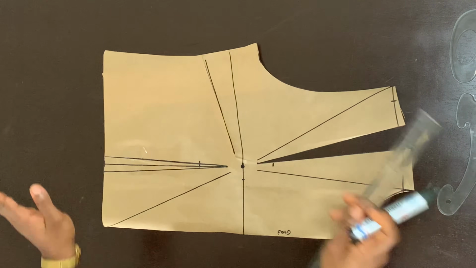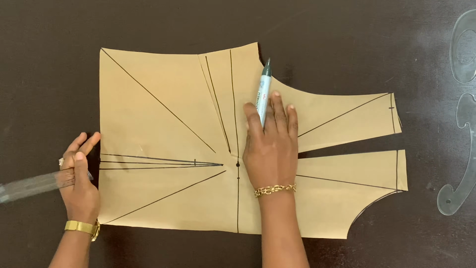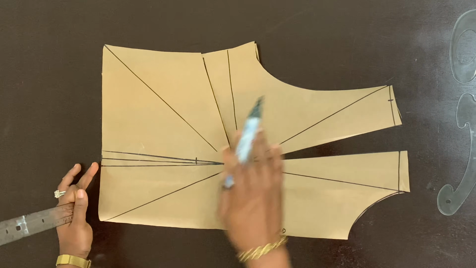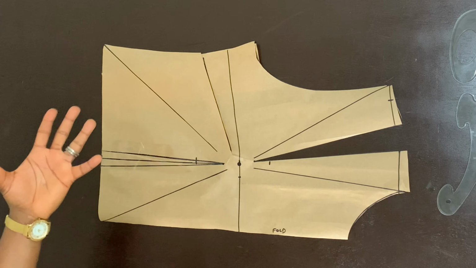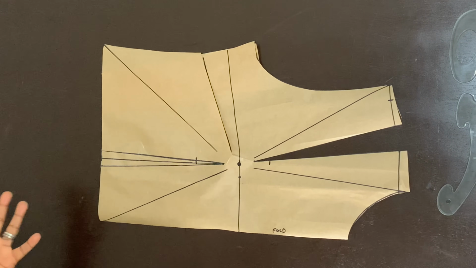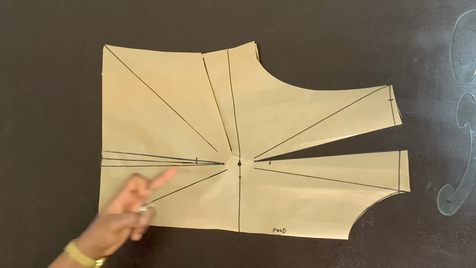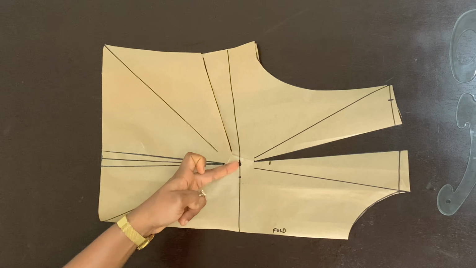I just want you guys to be able to play with this. All you have to know is that you need to put it in such a way that it points towards the fullest part, which in this case is the bust. It points towards the fullest part, and you have to decide how wide, that's the volume of your dart, and you have to decide the apex. So how close is it going to get to the fullest part?